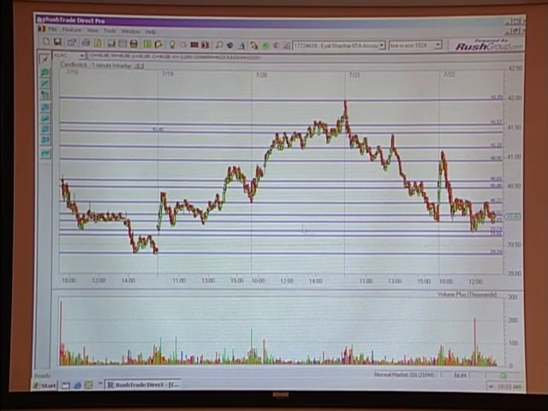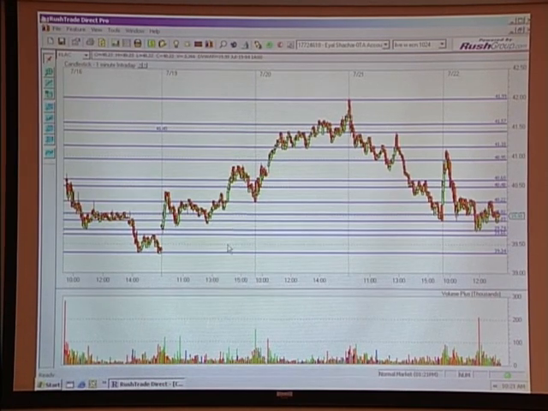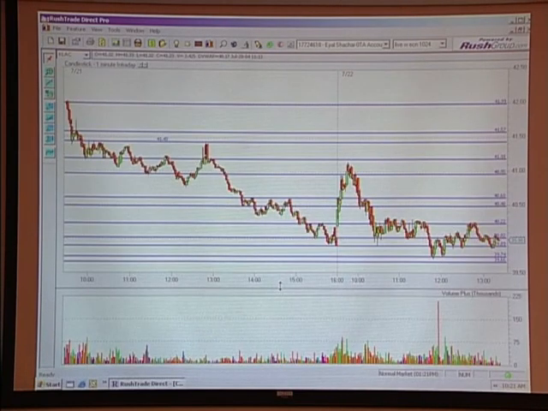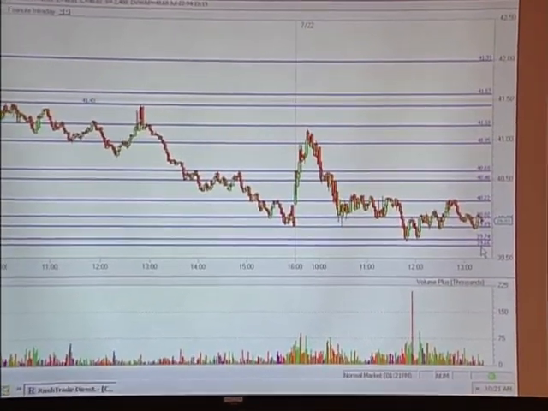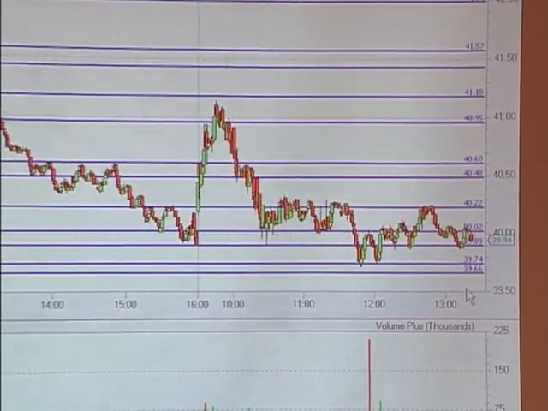Okay, now let's go back into the closer up look and see what's going on. The lines we just drew may be off the chart because the scale is going to change as we go back to a 2-day. One of them is still here, this 39.66, which might be a target today, and we know there's another one even further down, and as price falls, it'll come into view.